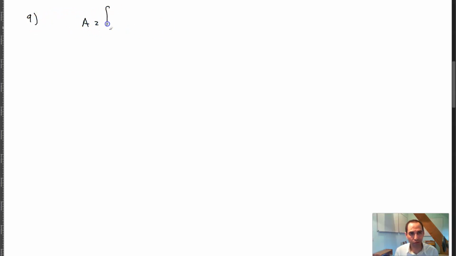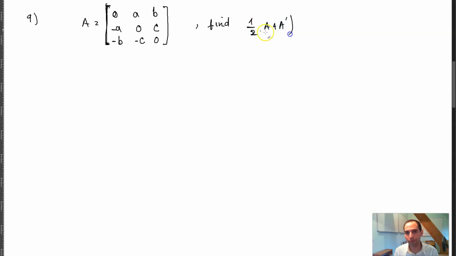Suppose that A is equal to this matrix: 0, A, B, negative A, 0, C, negative B, negative C, and 0, and you want to find 1/2 of basically A plus A prime, and 1/2 of A minus A prime.